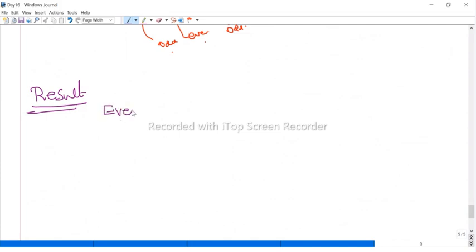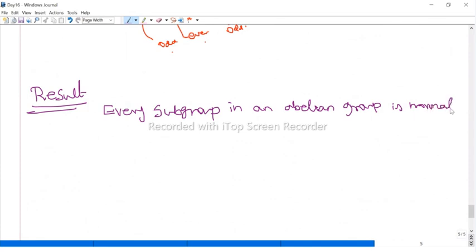Every subgroup in an abelian group is always normal. Any subgroup in an abelian group is normal. It's always satisfied. It's a very important property.